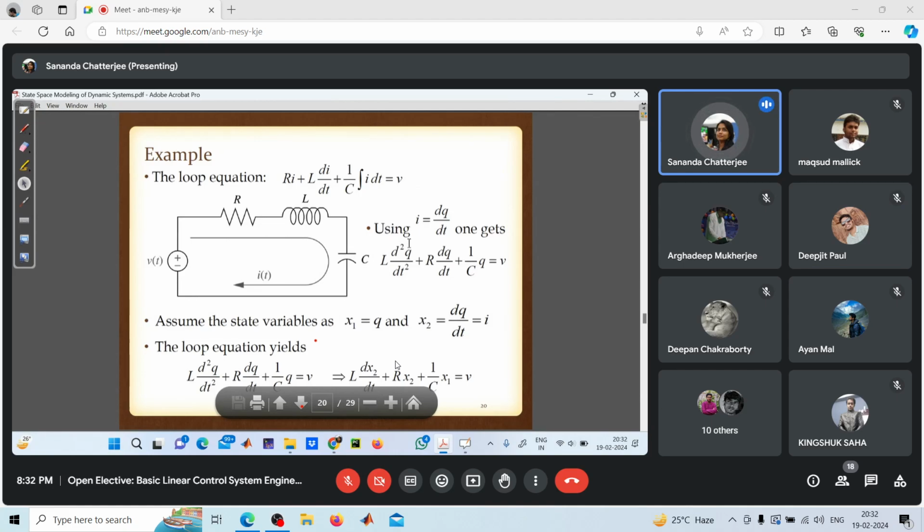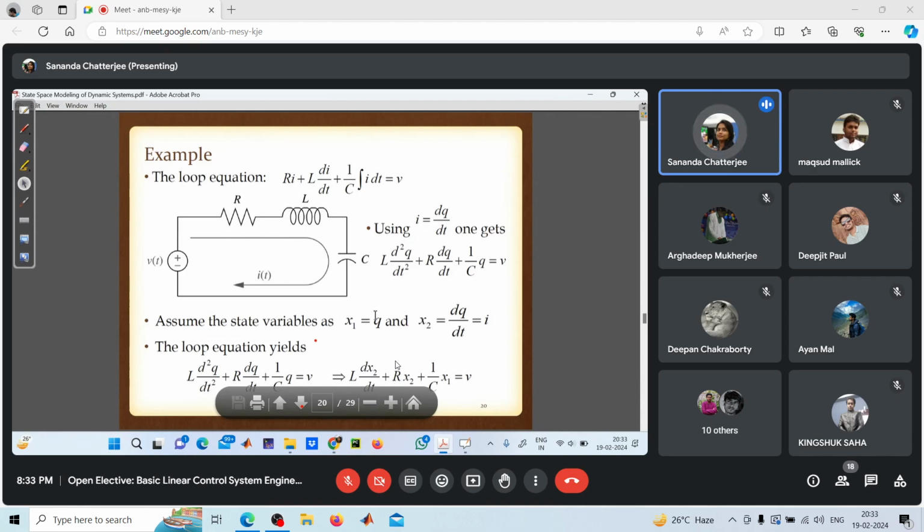If the physical model is known to you and you have a very good idea about the components, then you can directly say that the energy stored in C will be proportional to the charge that is stored in the capacitor.